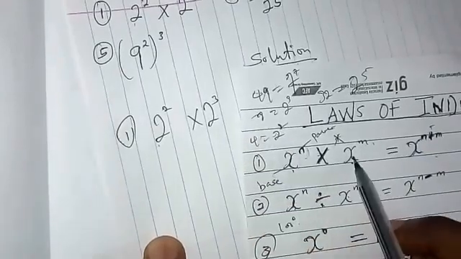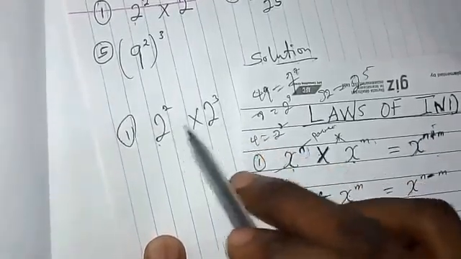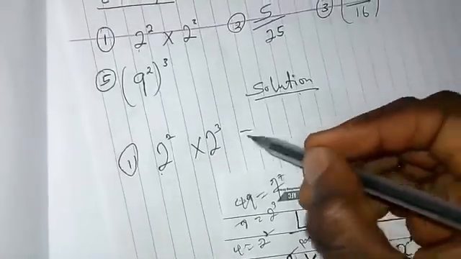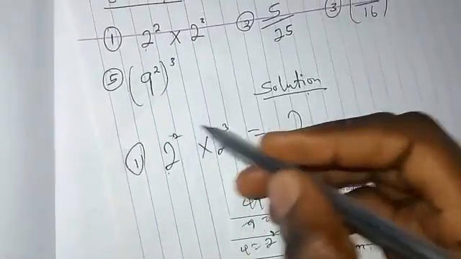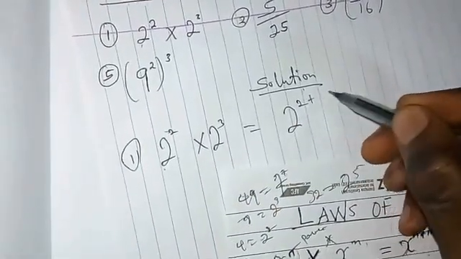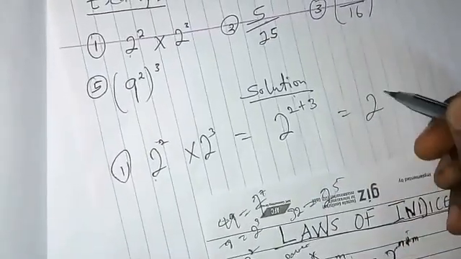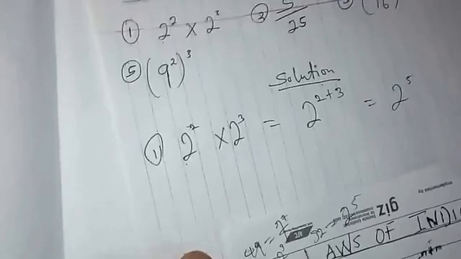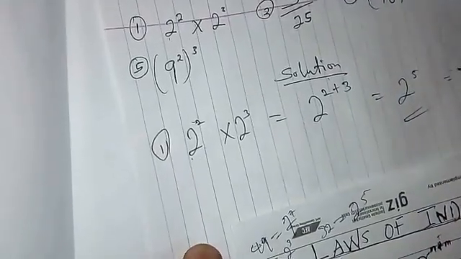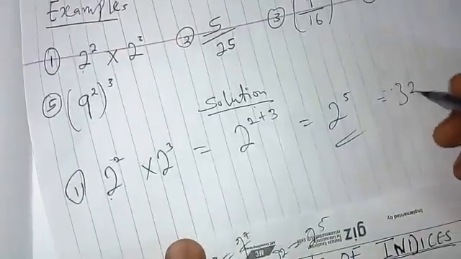So you take the base 2, then 2 raised to 2 plus 3, which is the same thing as 2 raised to the power of 5, which is 32.